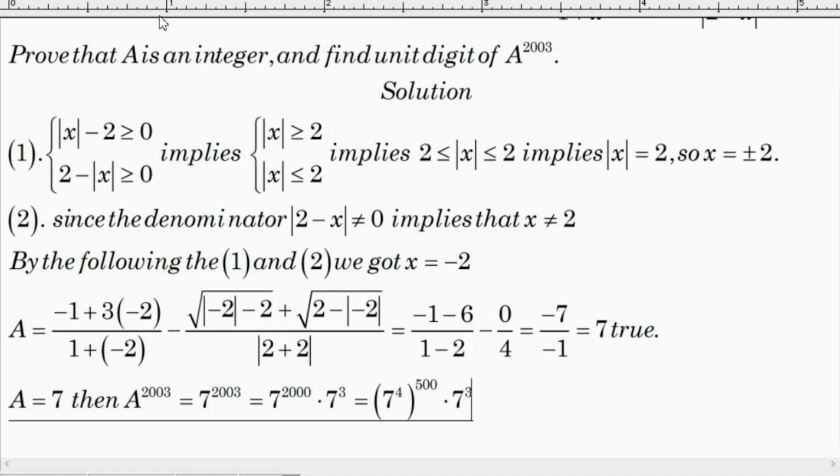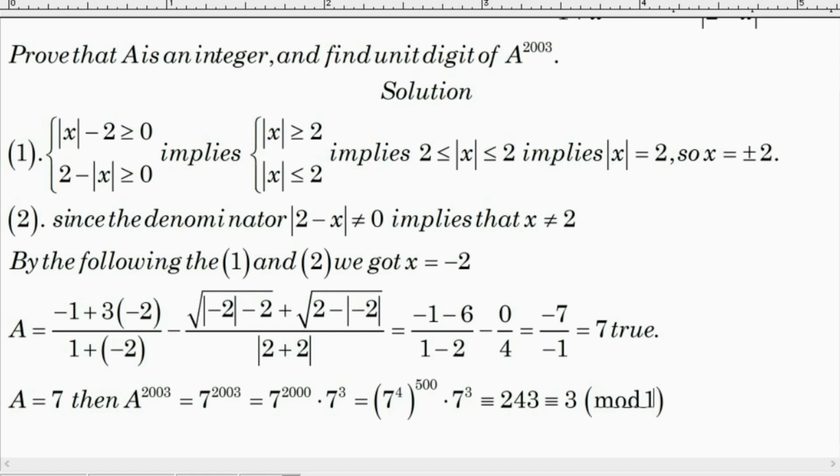Then that is equivalent to 243, and then 243 is equivalent to 3 mod 10, right? That means 243 divided by 10 will have remainder 3. So that means the unit digit of 7 to the power 2003 is 3.